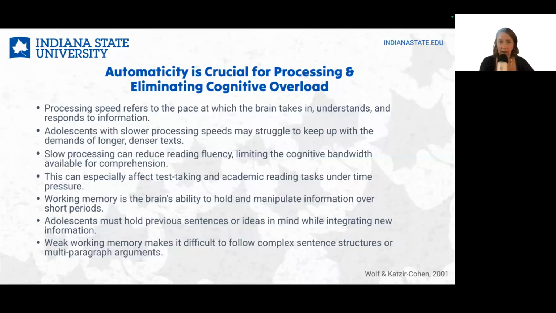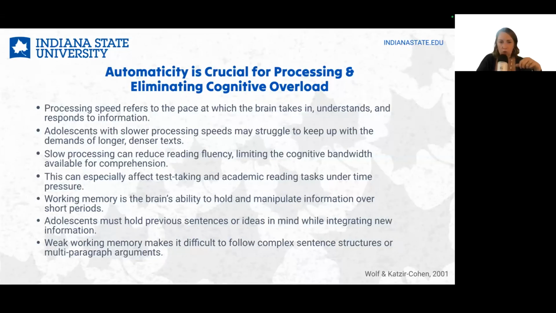The importance of that is that adolescents with slower processing speeds will struggle to keep up with the demands of longer text, because all of their energy is going to each individual word and recalling that word from memory or decoding it. Whereas if they can see a word and say it automatically, then they don't have to slow down and figure it out, and it helps with their whole cognitive process.